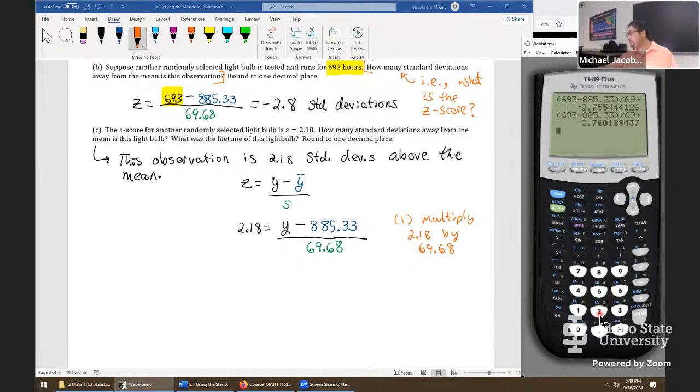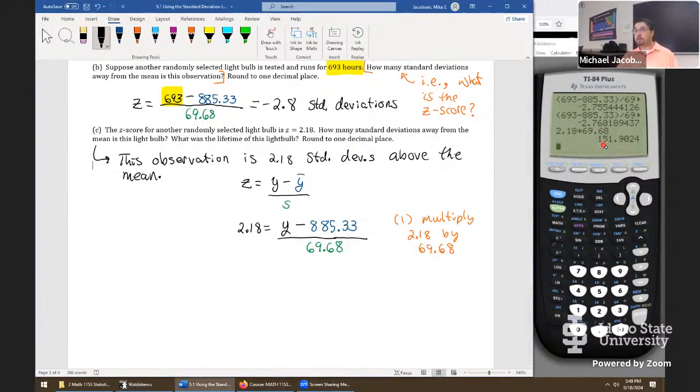So let's go, taking 2.18 times 69.68. And here's our result. We're rounding our result to one decimal place, but I'll just keep all the precision we've got to have more accuracy.